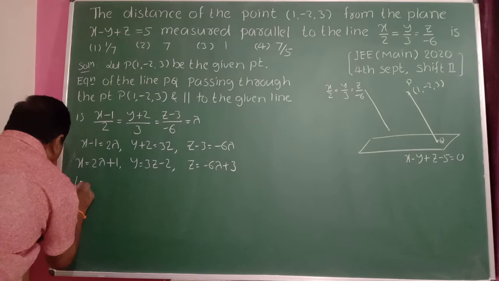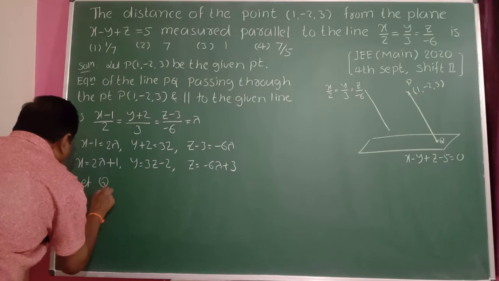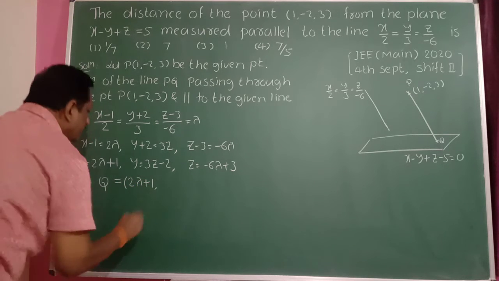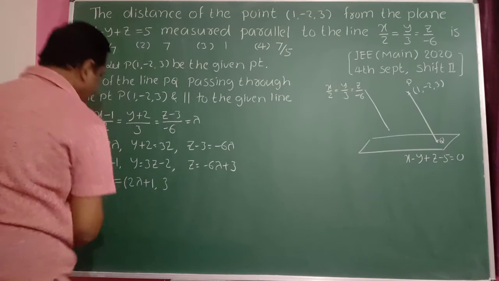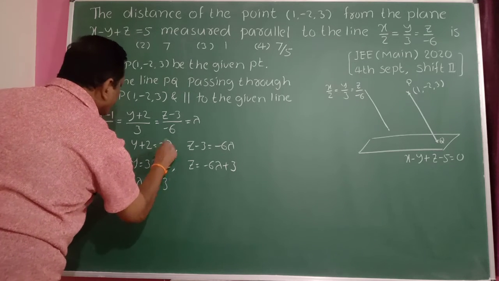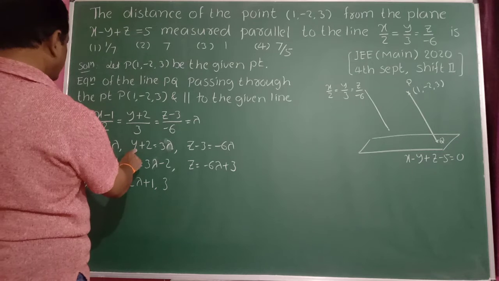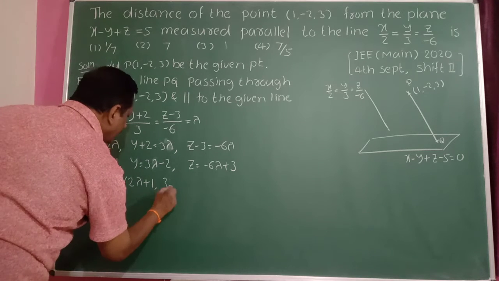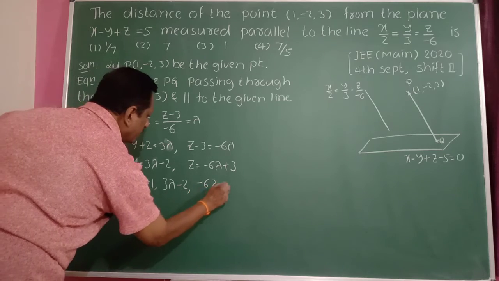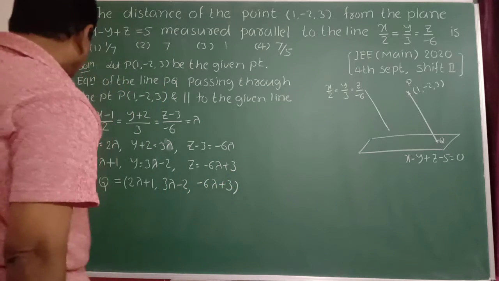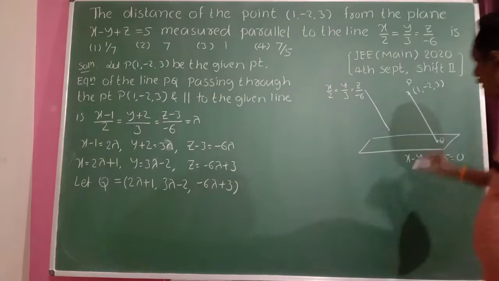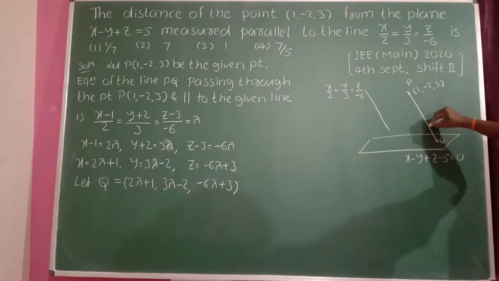Therefore, let us consider the point Q = (2 lambda + 1, 3 lambda - 2, -6 lambda + 3). For different values of lambda, you will get different points on this line.